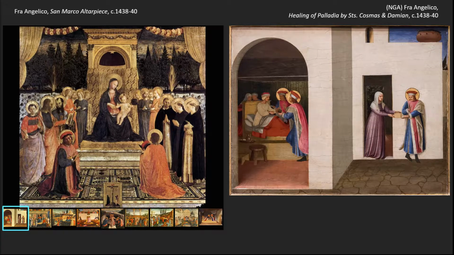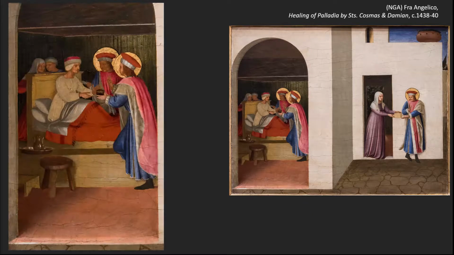Right? So in this case, this woman, Palladia, had gotten horribly sick. That's her on the left, right? And she went to every doctor out there, and nobody could cure her. So she finally calls up Cosmas and Damian because she's heard that Cosmas and Damian have been blessed by God with the ability to heal miraculously.